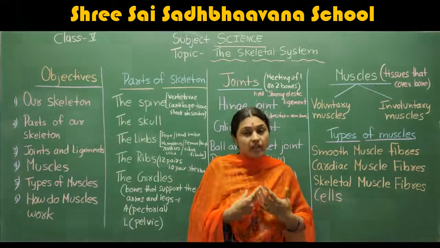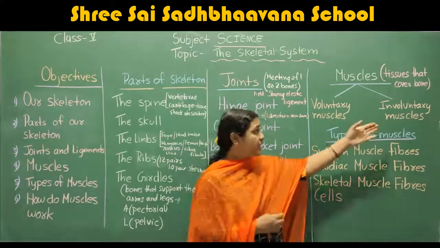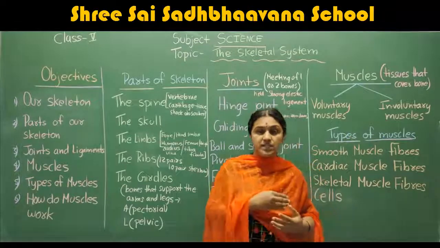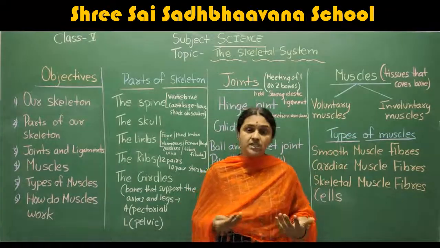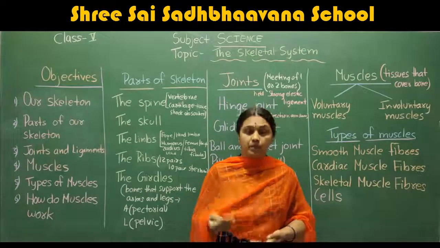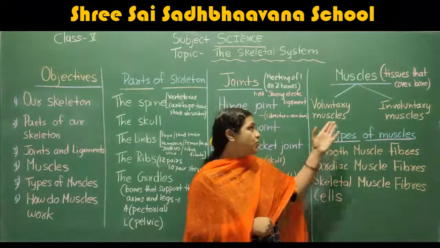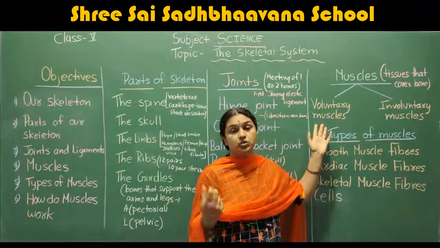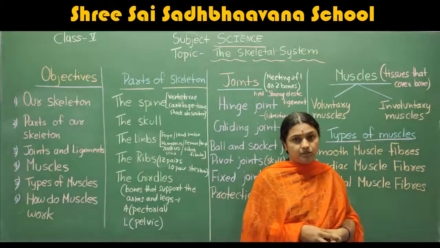These muscles can move according to your order. Whereas the involuntary muscles are present in the internal organs, which are attached to the heart, the lungs, or the liver, and they work on their own. We cannot control them, right? So voluntary muscles are those which we can control. Involuntary are not under our control.